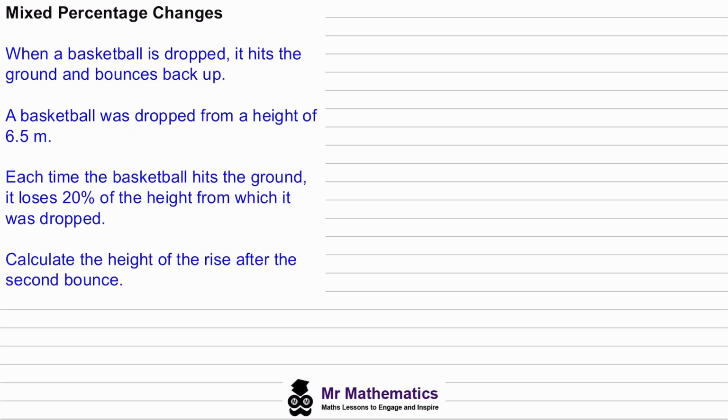Okay, so with questions like this, I think it's really helpful to draw a quick diagram. So we've got height against time. We have an initial height of 6.5 meters. So the ball will drop, then it will bounce back up, and we want the height on the second bounce, so on this height here. We know the original is 6.5. After the first bounce, we'll lose 20% of this height.